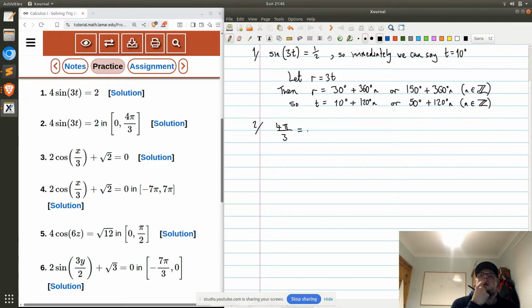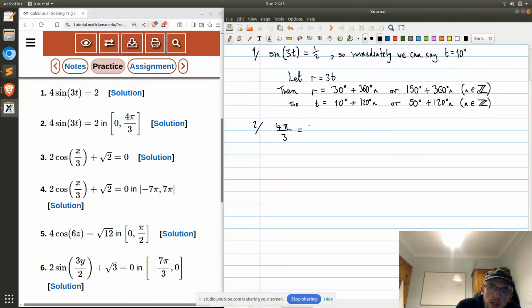Four pi over 3 is, not sure why this is taking so long, 240 degrees.